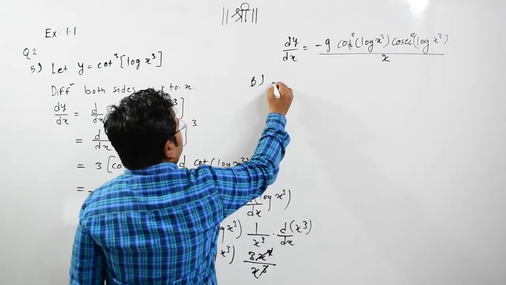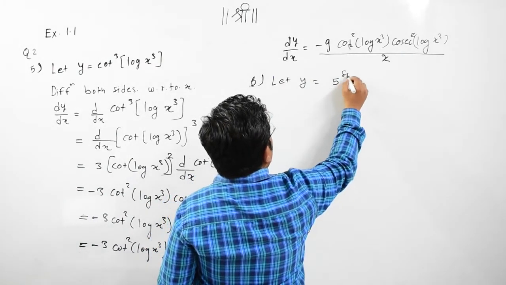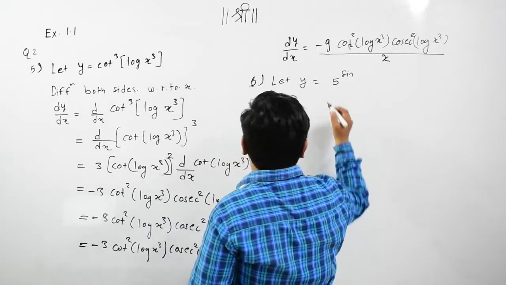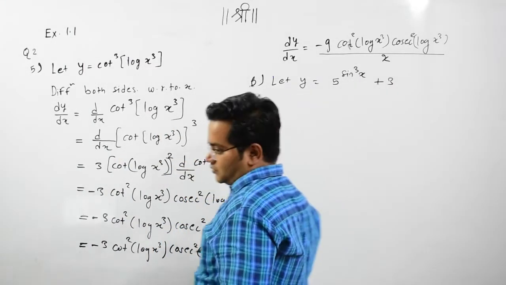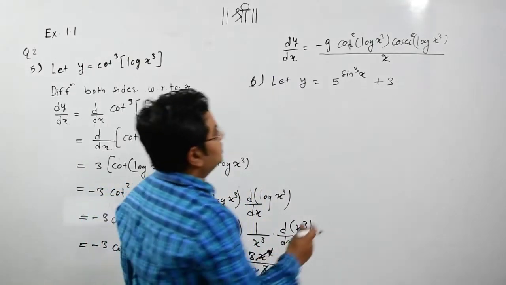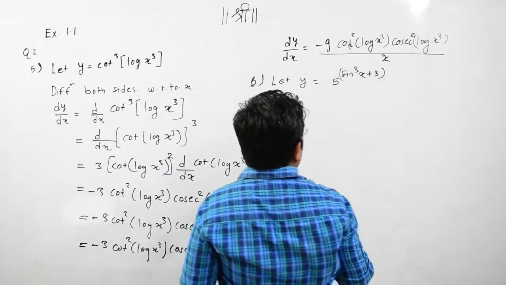Now what is the 6th? Let y is equal to 5 raised to sine cube of x plus 3. Again differentiate. So this plus 3 is in the power, so I need to put a bracket over here.